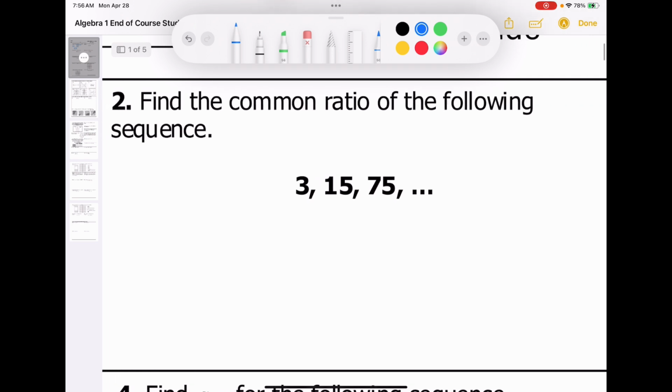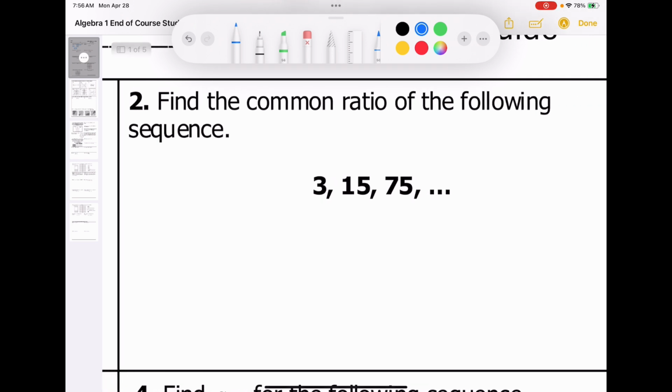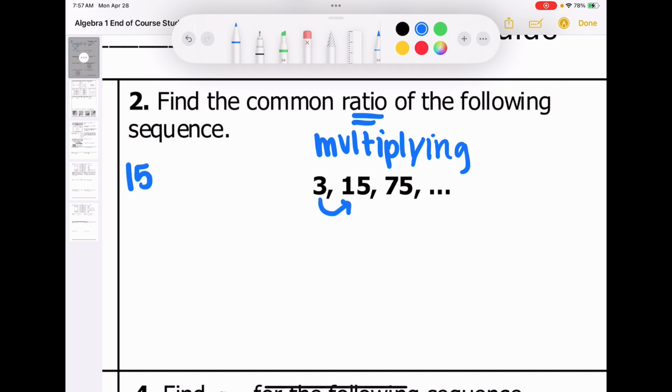Number 2, we're going to find the common ratio of the following sequence. So ratio is when you're multiplying by the same number every time. Our sequence is 3, 15, 75. So I need to figure out what I have to multiply by to get from 3 to 15. I'm going to come over to the side and do 15 divided by 3, and that's going to give me a positive 5.